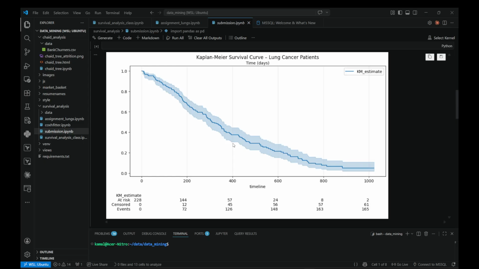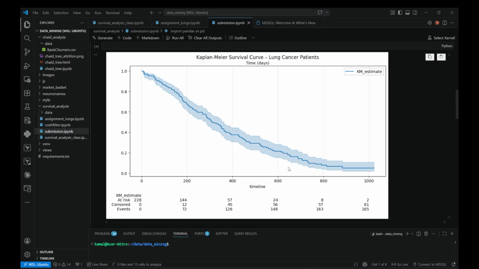The median survival period, or the time until 50% of the patients have died, is around 300 days. It also means that after around 300 days, 50% of them have already died.